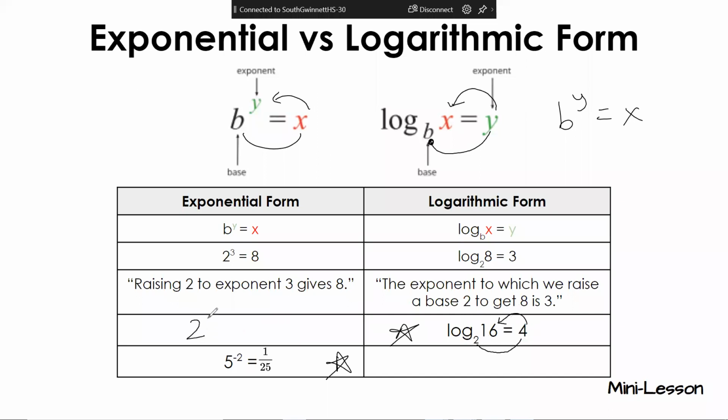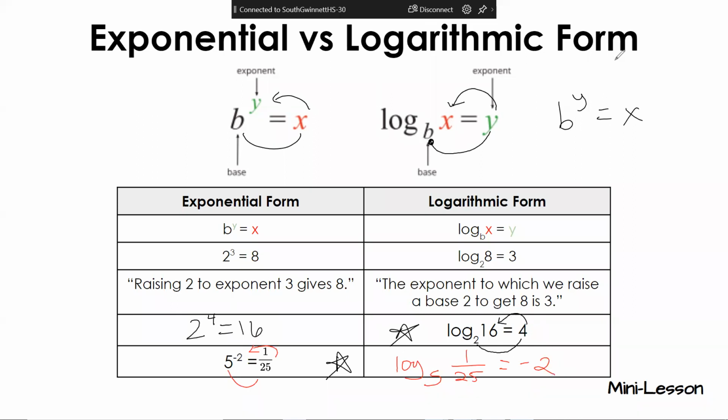So 2 raised to the 4th power equals 16. Good. So on the next one, if we go from exponential to log, we're going to write log base 5 of 1 over 25 equals negative 2.